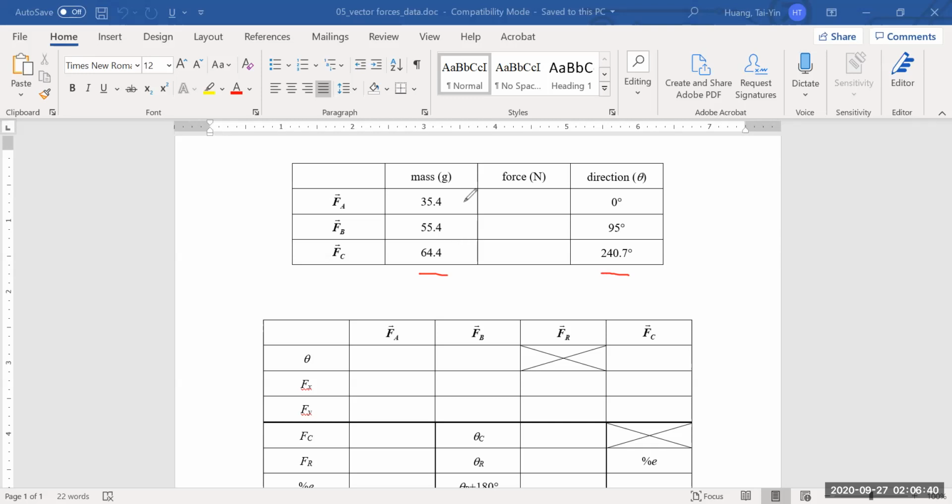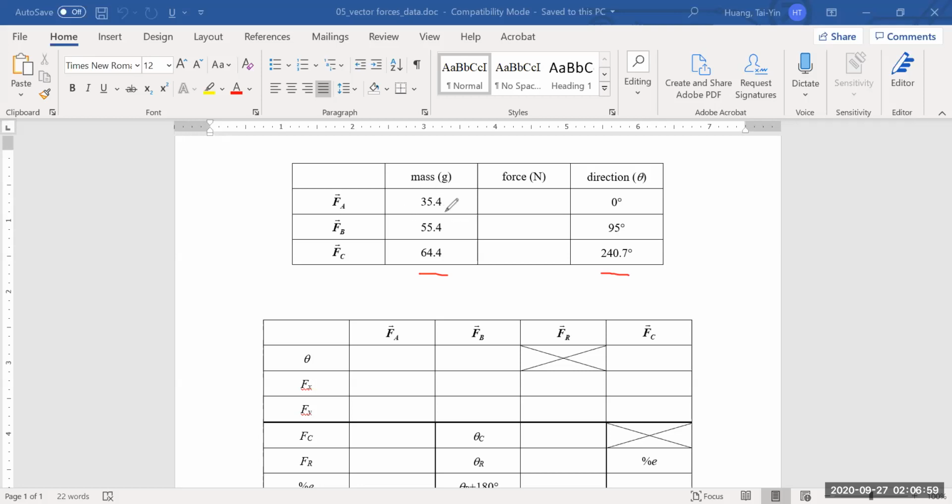We put a certain amount of mass on the mass holder. Now remember, the mass holder also has a mass. So altogether, the mass plus the mass holder will give you this mass.